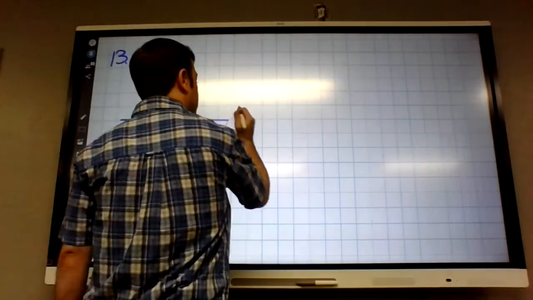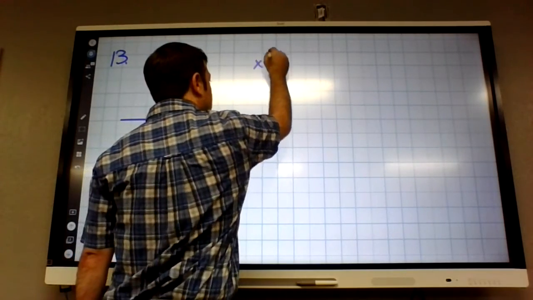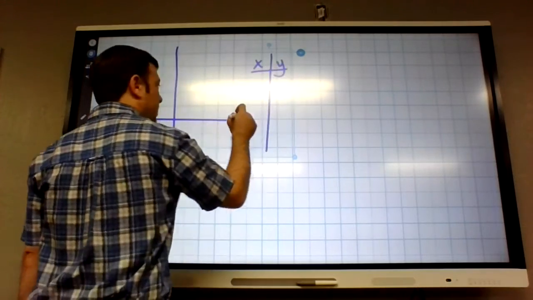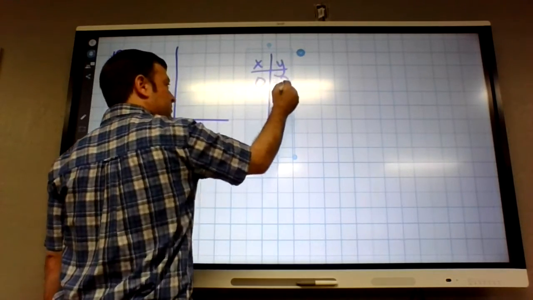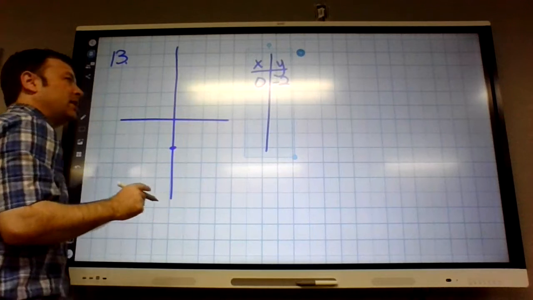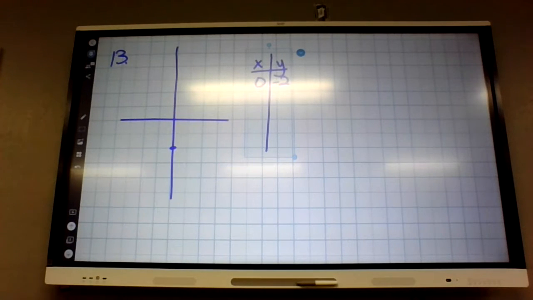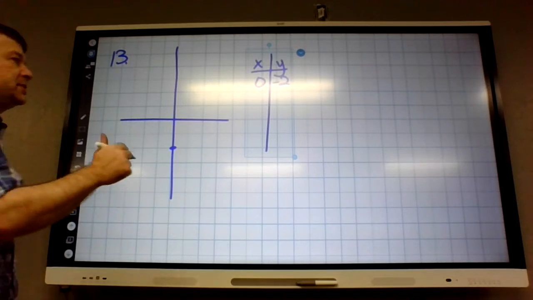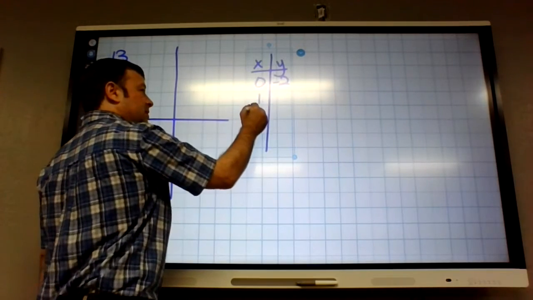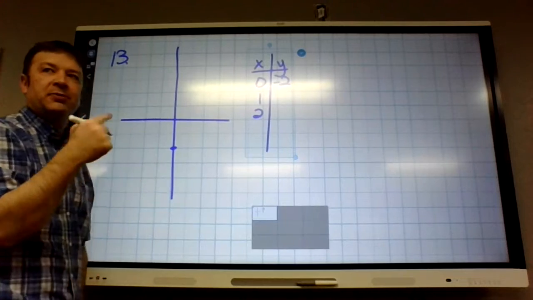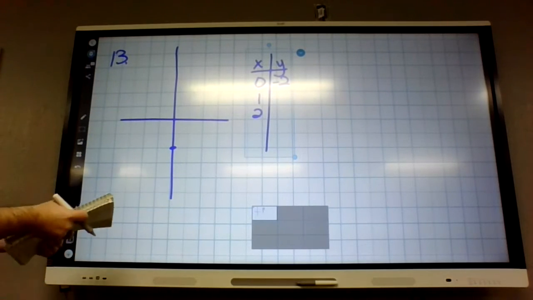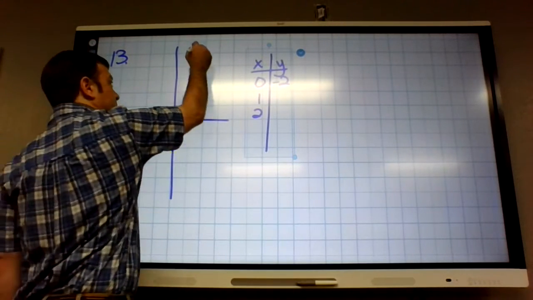So here's what I want you to do. Now minus 2 moves the vertex down 2, so I know there's a dot right there. So guess what else I want you to do? Plug in a couple more, just like we did last week. And what are we plugging into? x squared minus 2.